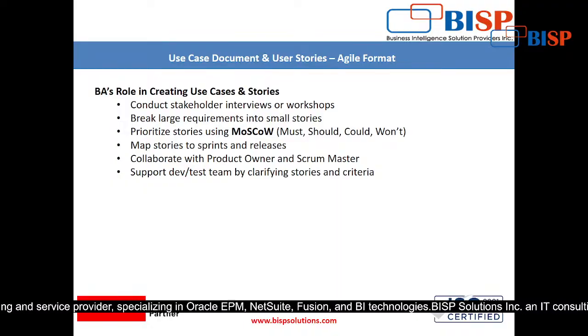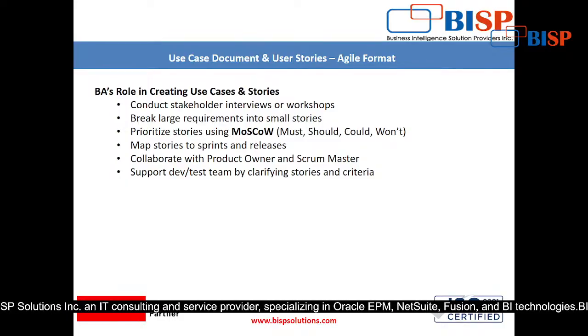So we are going to prioritize the things: what things are must, we will do those only. Then what things should be completed, then what could we do for the next enhancement, and what we won't be able to do. Then map stories to sprints and releases, right?